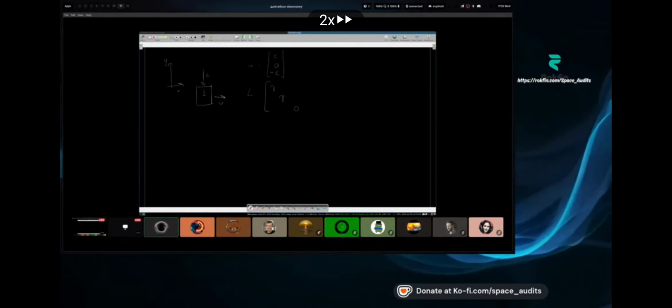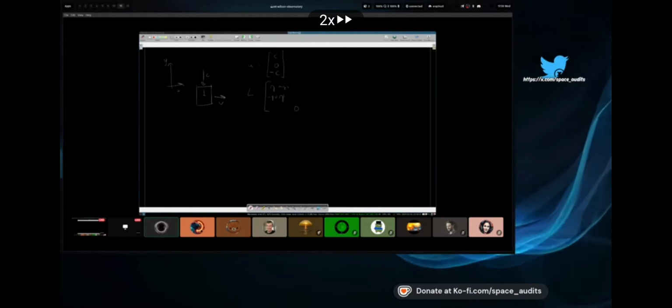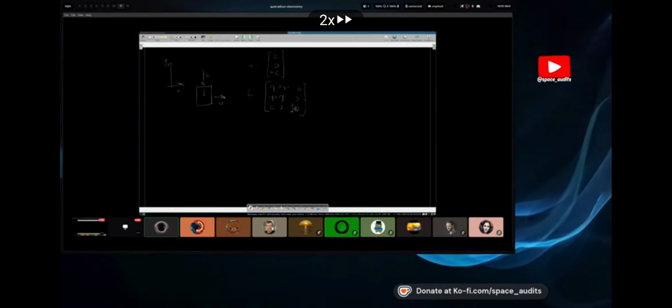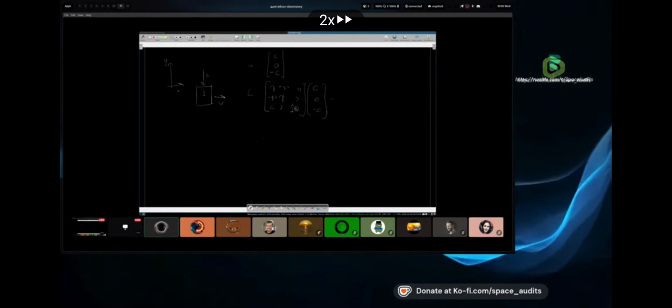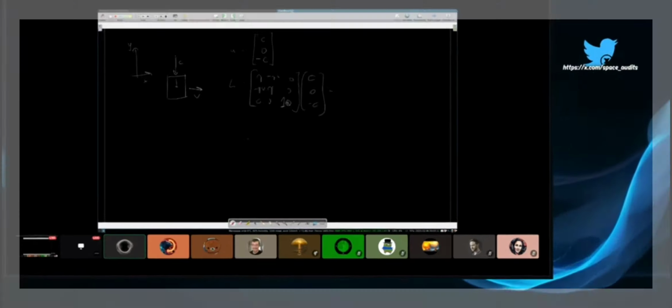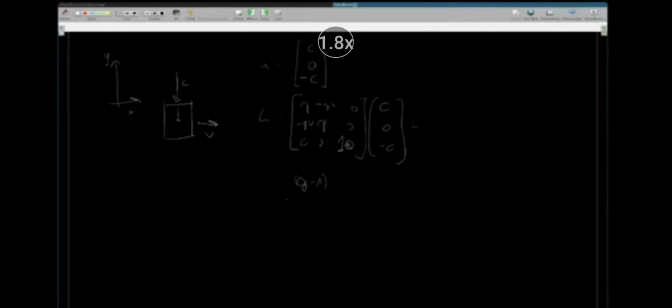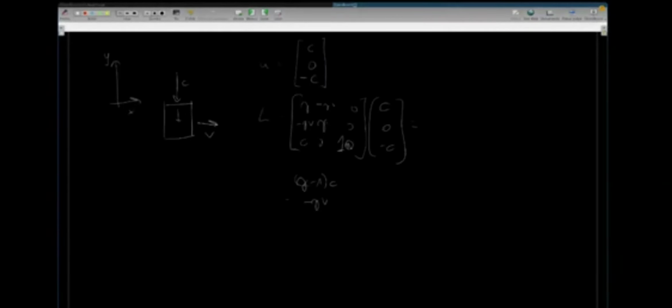And this should be gamma v or negative gamma v, I think negative. We'll see. Okay, 0, 0, 0, 0 times c, 0, negative c equals. So gamma c minus c, so gamma minus 1 c, negative, okay, that's correct, gamma v c and negative c.